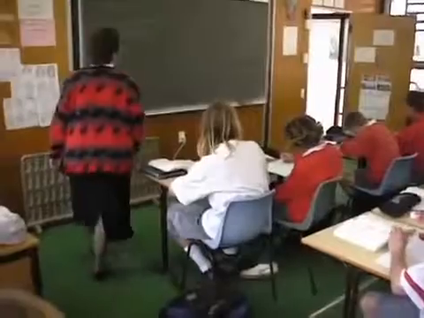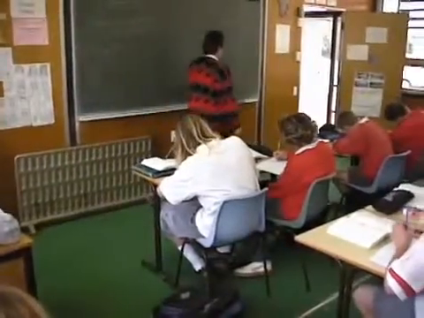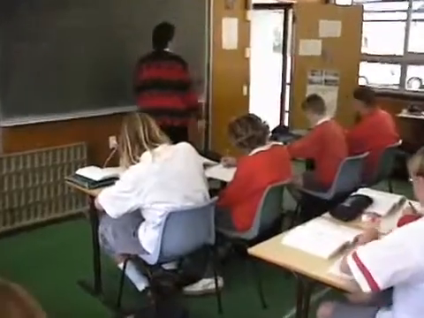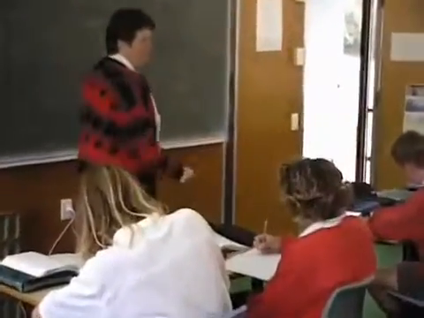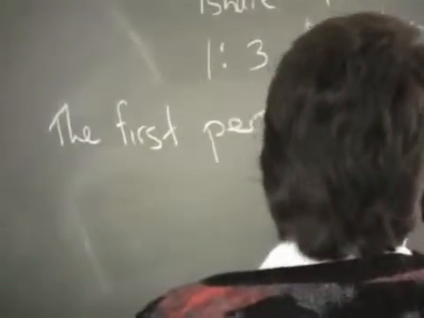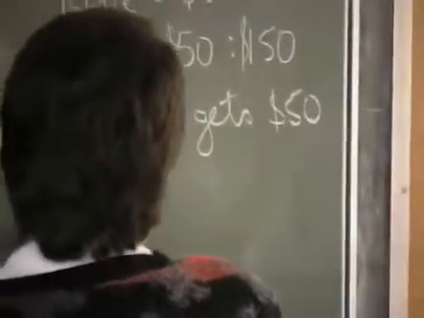Now, if we're going to be very good people with this, then we ought to write an English statement at the end of it. So we should say something like: the first person gets 50 and the second person gets 150.